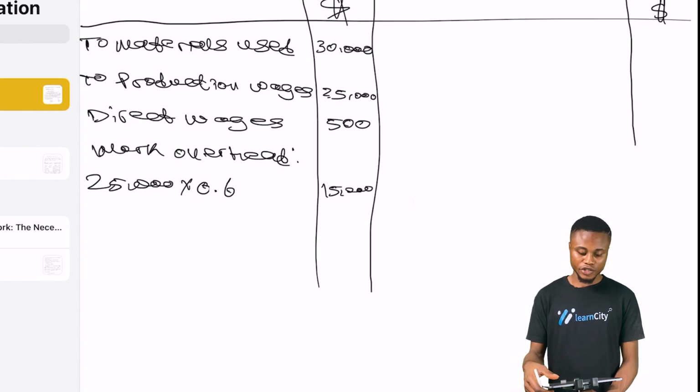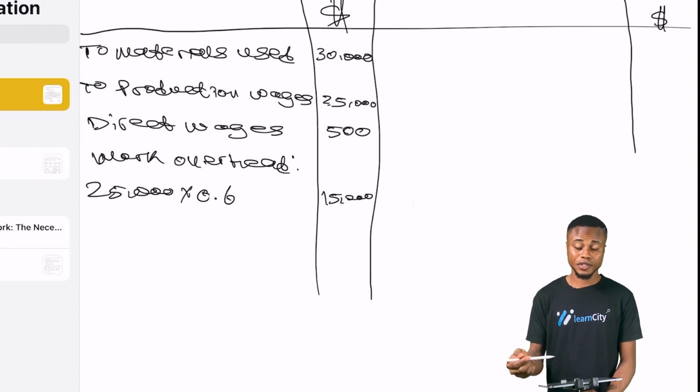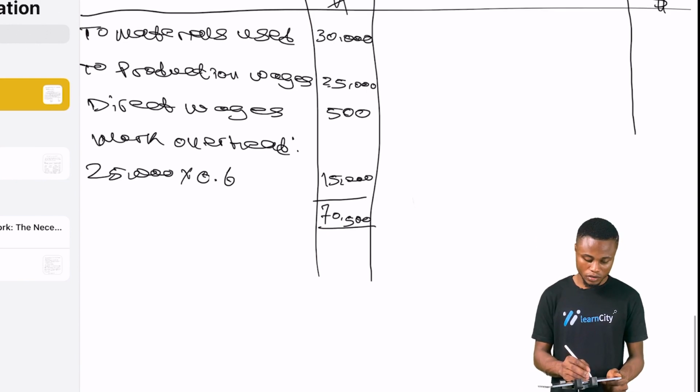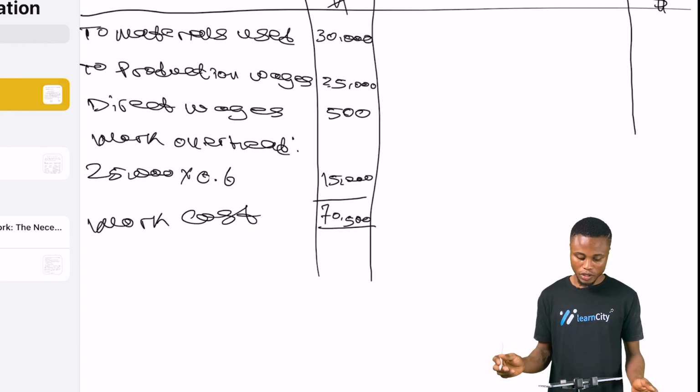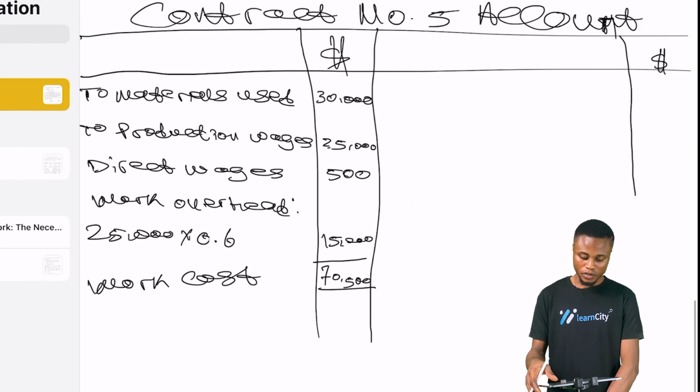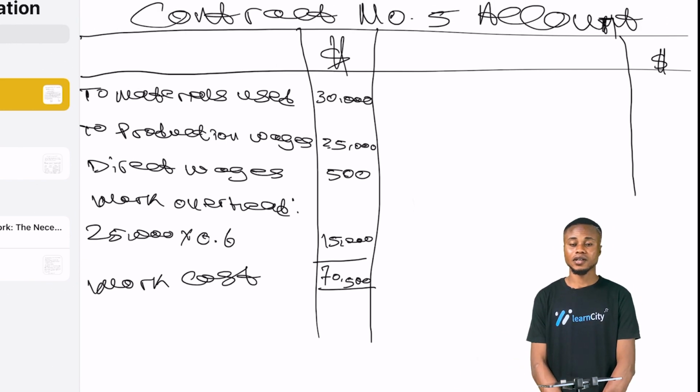The addition of the material that was used, the production wages, the direct wages, and the work overhead, if you add everything, we are going to get 70,500. And this 70,500 is the work cost. This work cost is the addition of the previous items that are attributed directly to the contract account.